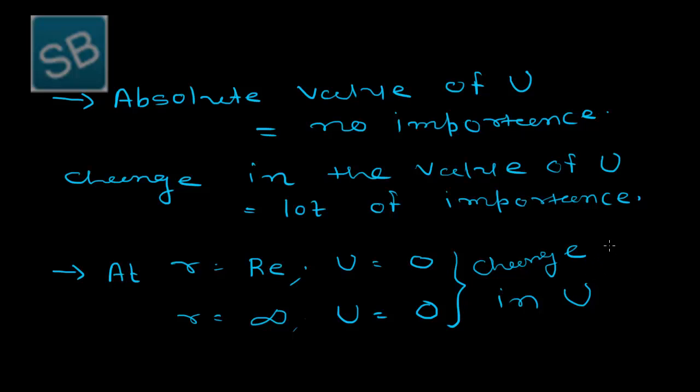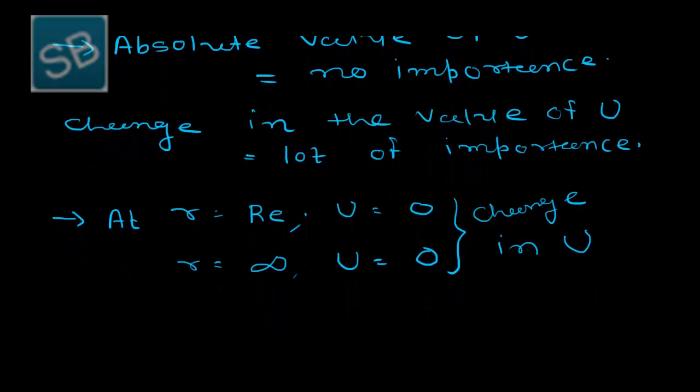And here the gravitational potential energy U is of the system consisting of earth and body, but in the process the position of earth or its velocity is not changing. That means position and velocities are not changing.